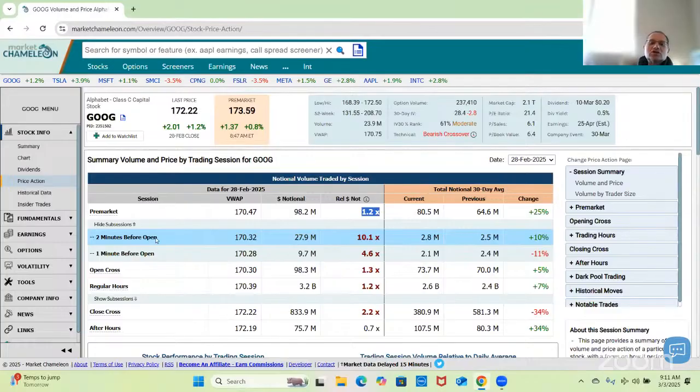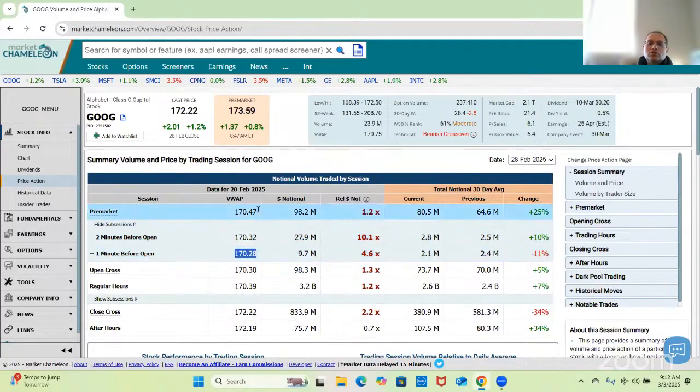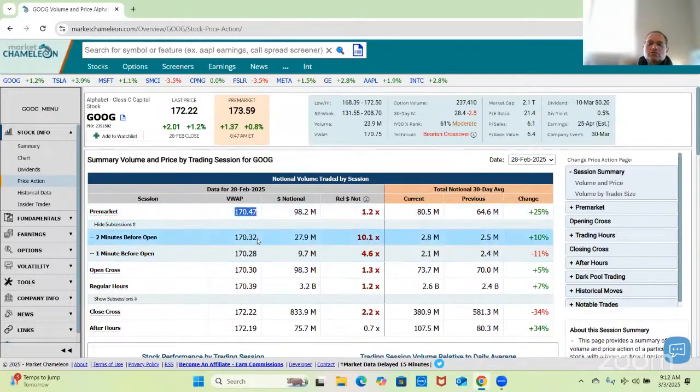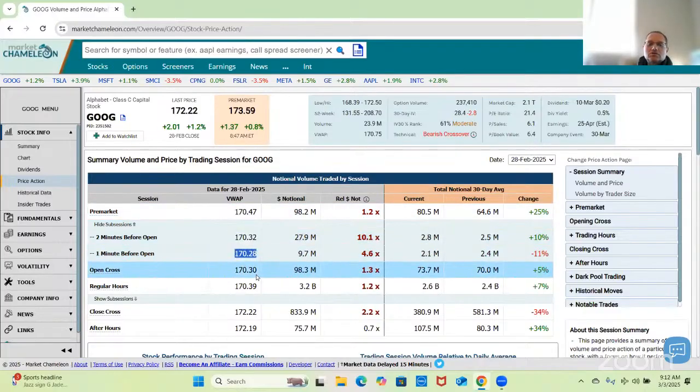So this is looking at 2 minutes before the open and 1 minute before the open. Okay, so we could see here that right up to the open, it kind of ticked down.